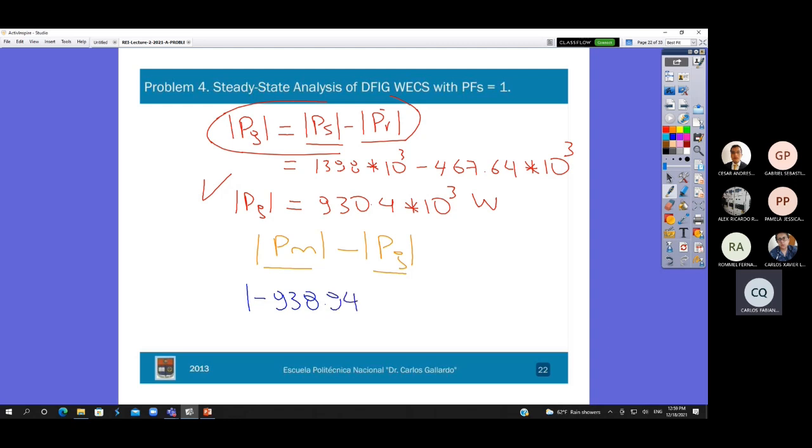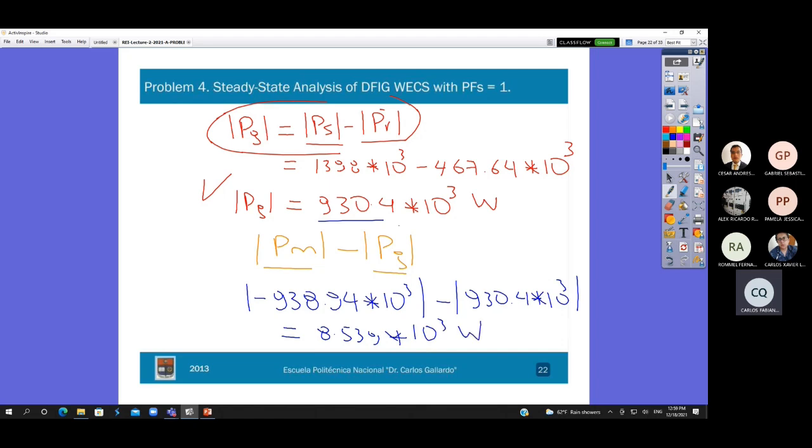The mechanical power is negative 938.94 times 10 to the power of 3, minus the grid power, in this case 930.4 times 10 to the power of 3, which is equal to 8.539 times 10 to the power of 3 watts.